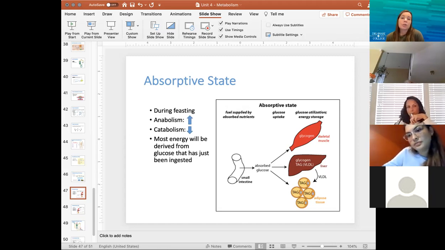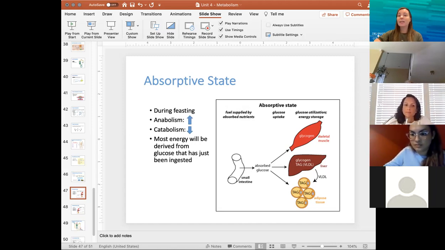Okay, so you've eaten a big meal, you've eaten carbohydrates and fats and proteins. Lipogenesis. Lipogenesis is basically making lipids and storing lipids. Would that be happening?